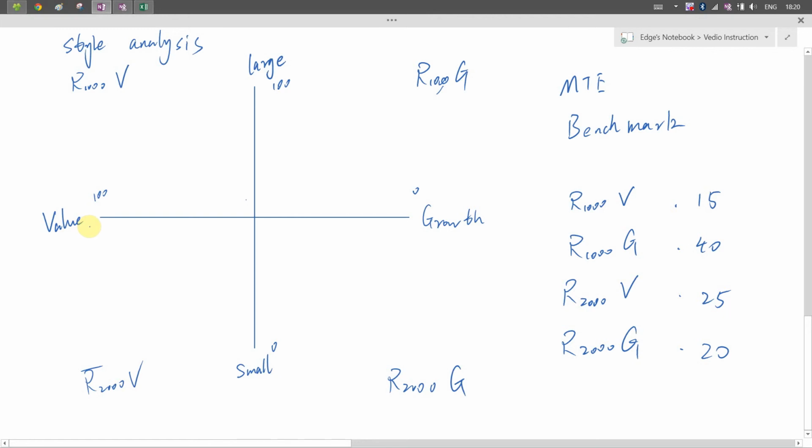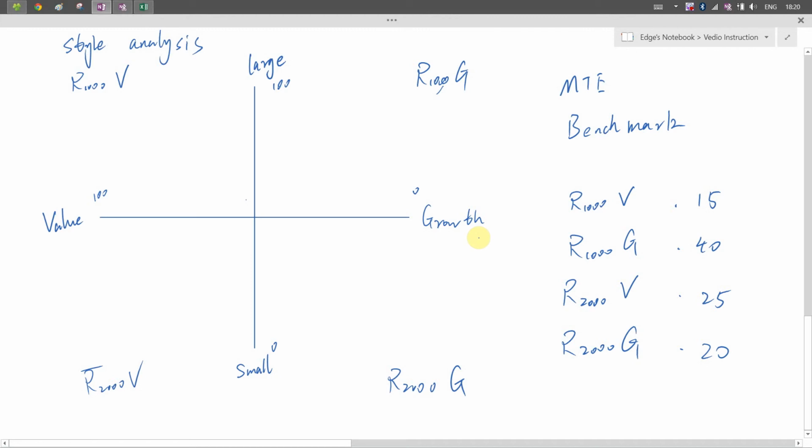Value means that this company this year will invest most of its capital into financial issues, into investing, something like that. But if this year the company leans toward growth, it means it will spend most of its money on product development or something like that.